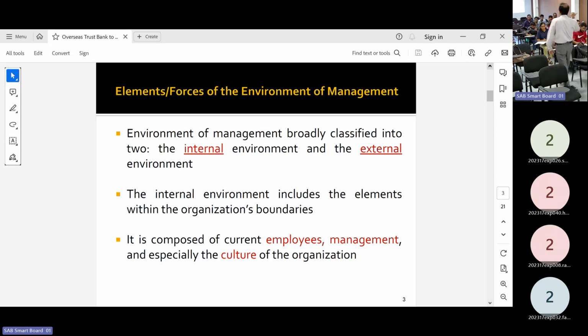After that, you can use the pronoun each. The environment of management is broadly classified. Those sentences are not full grammatical sentences, just points.